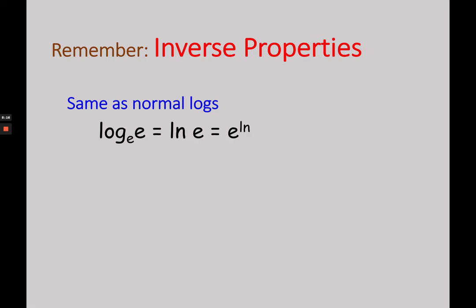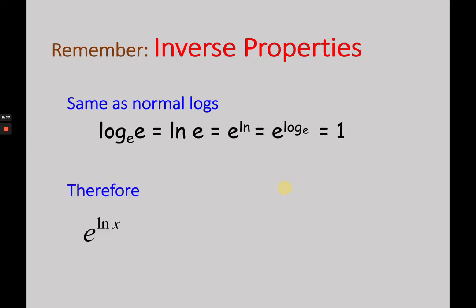Also, e to the power of ln of x is equal to x, and if it shows logarithm base e, it's the same. These expressions are all equal to 1.